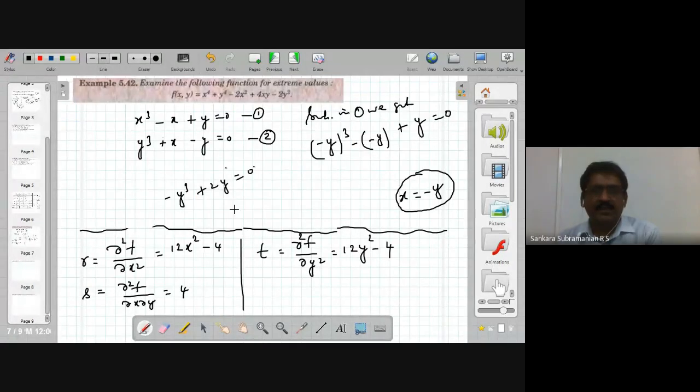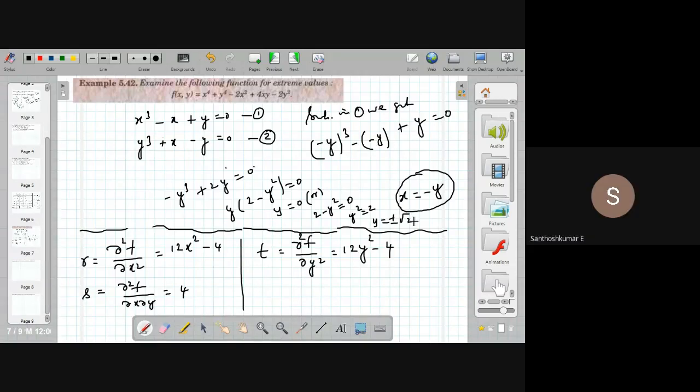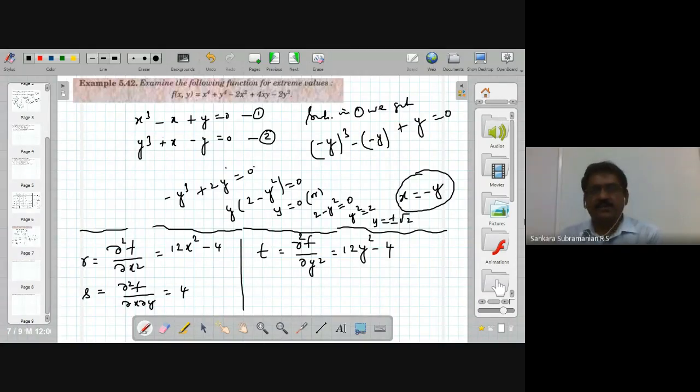You can take y common. y times 2 minus y square equal to 0. y equal to 0, or 2 minus y square equal to 0. So y square equal to 2. y equal to plus or minus square root of 2. So 3 values for y. So therefore 3 values of x can be there and it can be plotted.